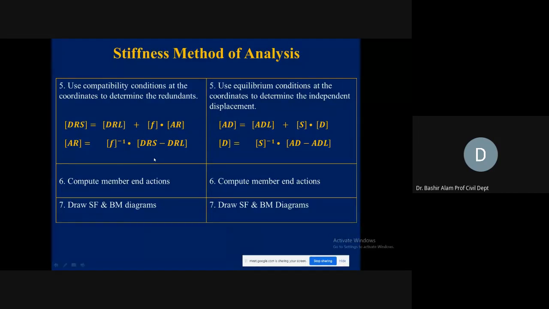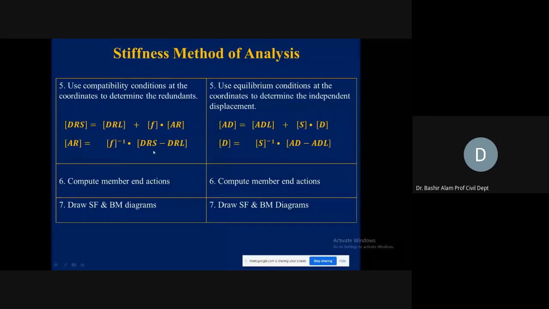DRS, AD, DRL for ADL, F, S, and AR for the D now. You see corresponding now, instead of the displacements, we are after the actions now. And instead of the AR, we are finding out the unknown giant displacements. And similarly, the rearranged equation you can see, instead of AR, now we are finding out the displacement.